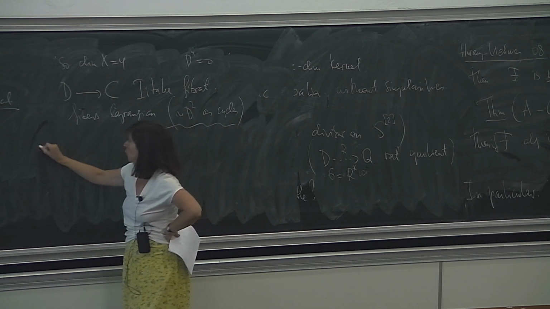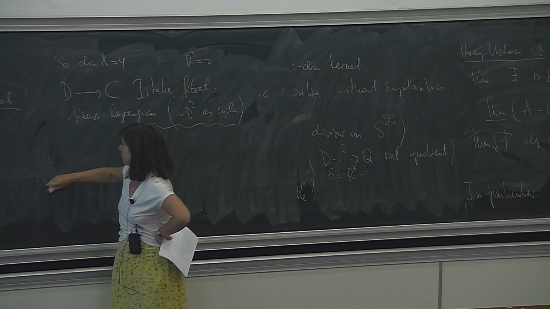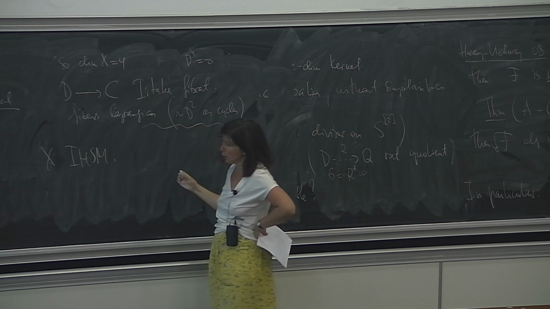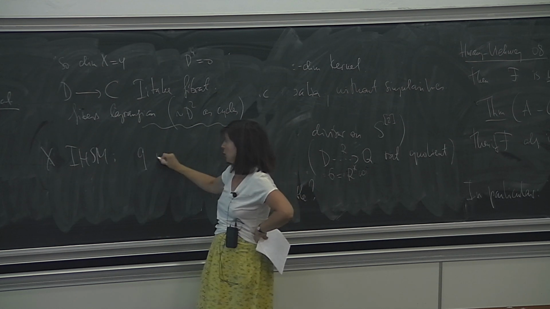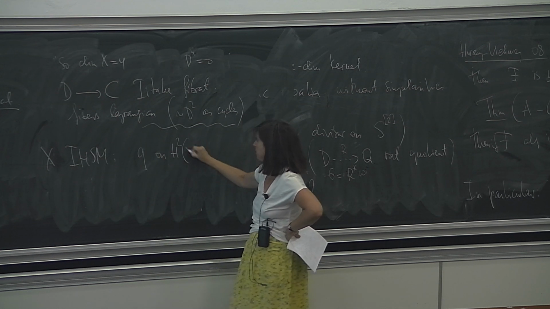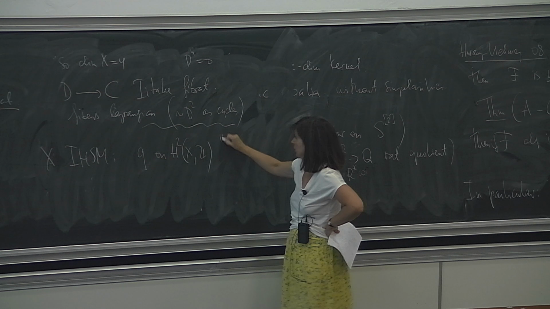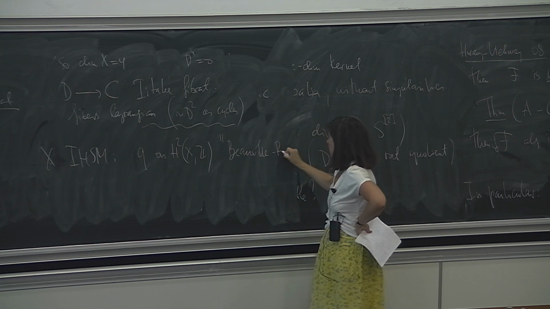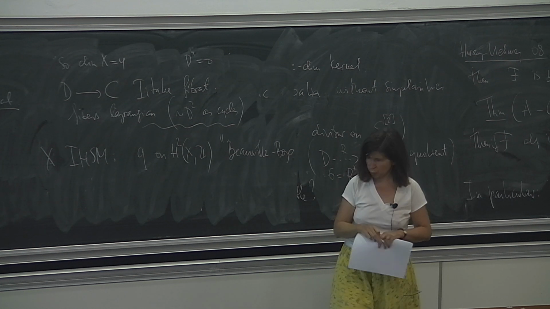So the Beauville-Bogomolov form on an irreducible holomorphic symplectic manifold, you have a quadratic form q on H^2.